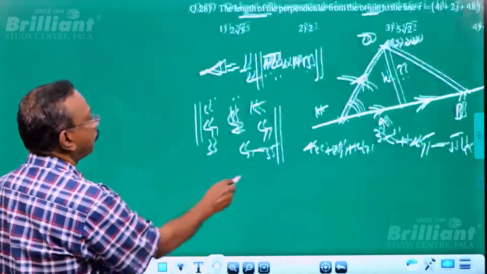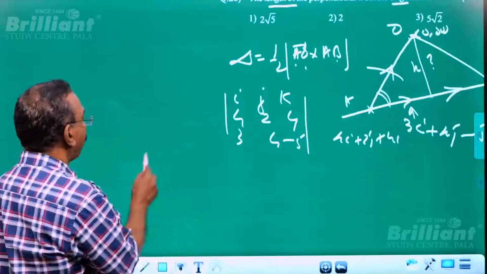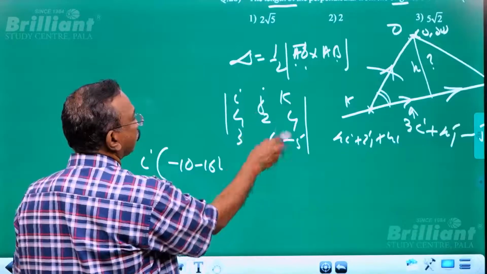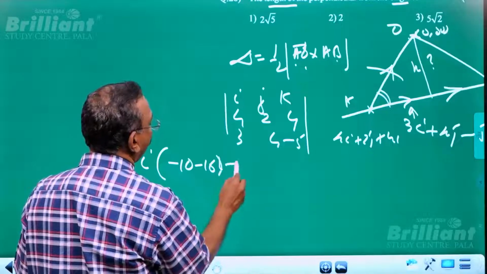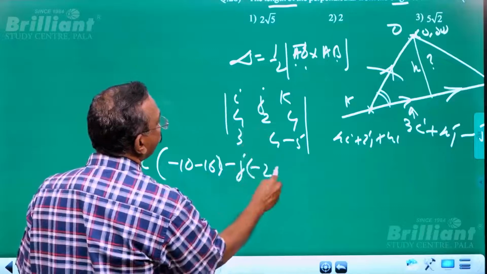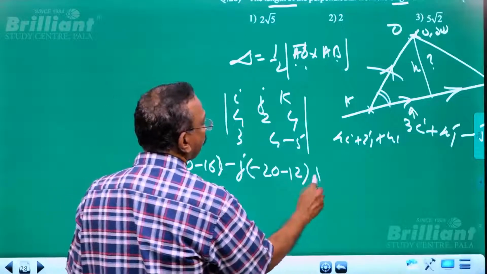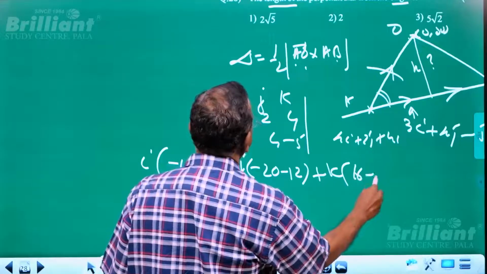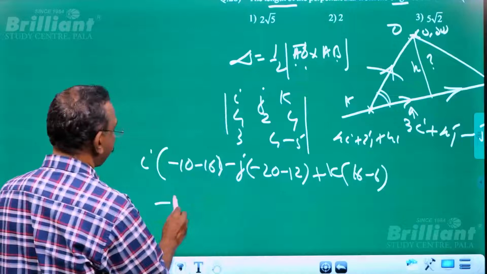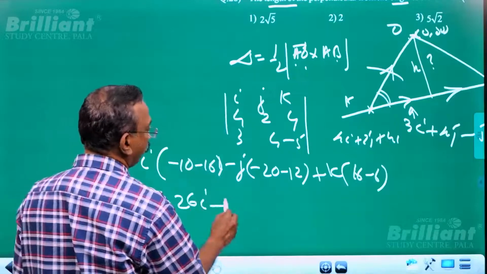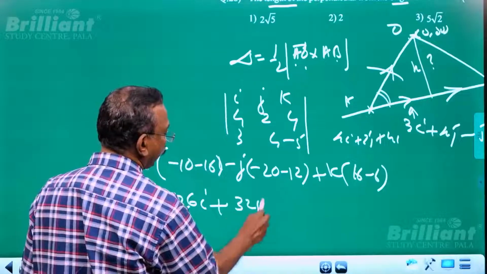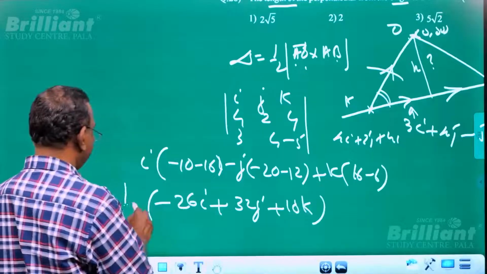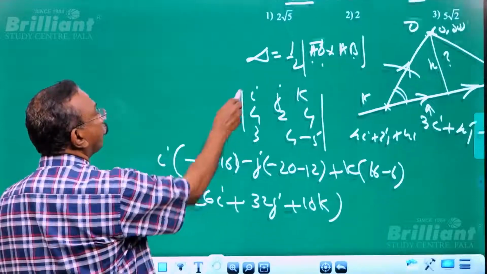So just find this delta by finding i into minus 10 minus 16, minus j into minus 20 minus 12, plus k into 16 minus 6. So this is equal to minus 26i plus 32j plus 10k, along with the 1 by 2, because there is 1 by 2 for the area of a triangle.